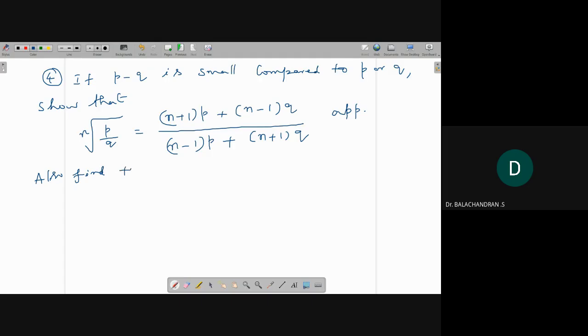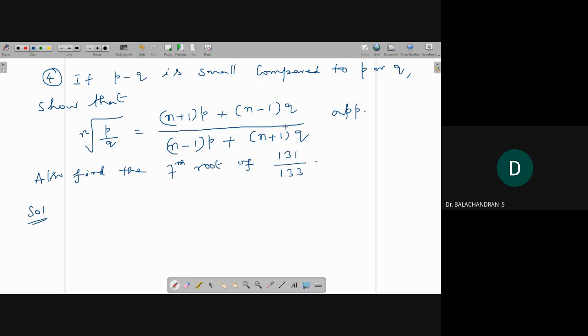Also find the seventh root of 131 by 133. Solution. So what is given here?